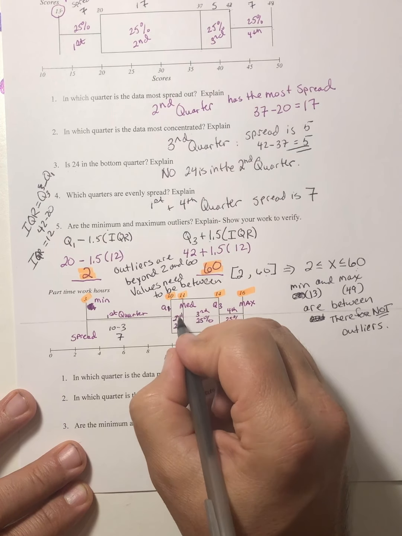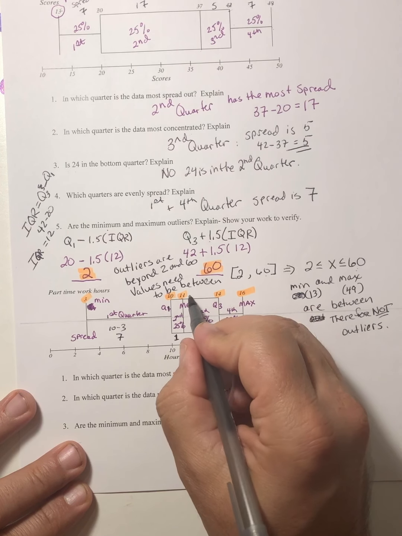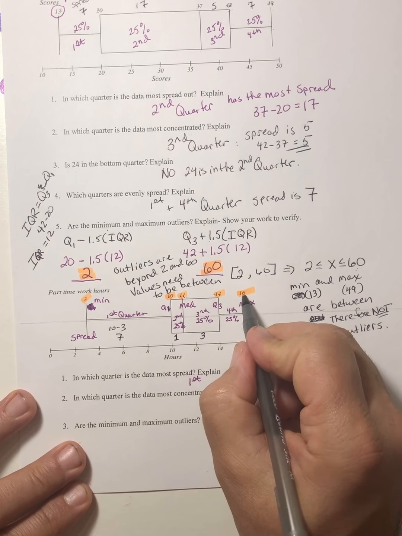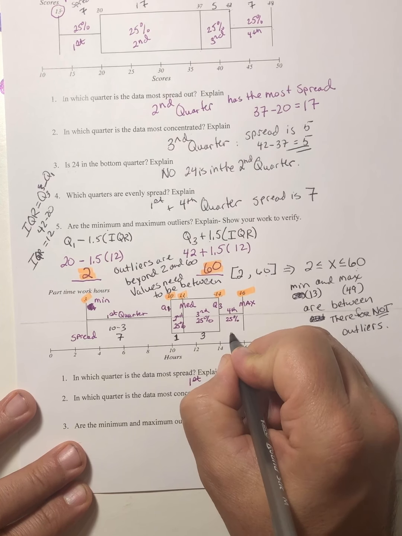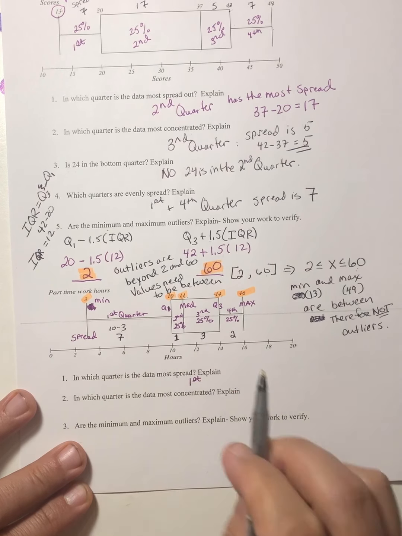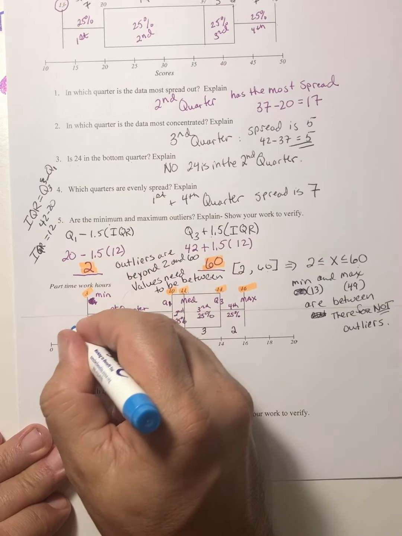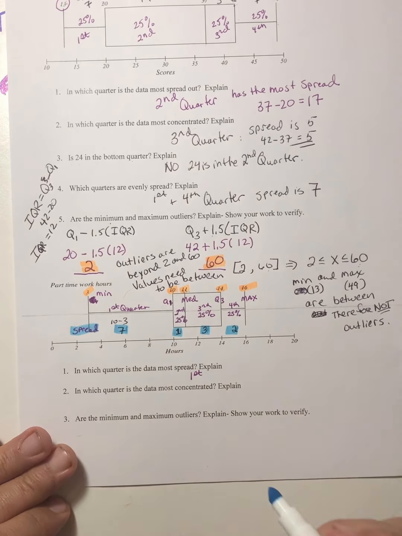This spread is 11 minus 10, so it's a 1. This spread, 14 minus 11 is 3, and 16 minus 14 is a 2. So these are your spreads right here. I'll highlight those in blue so you can see them.